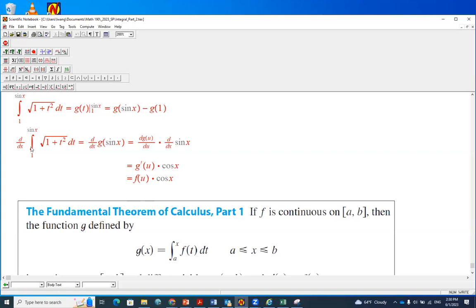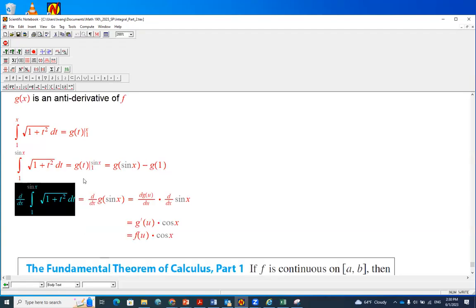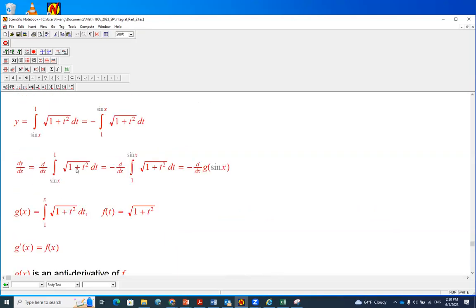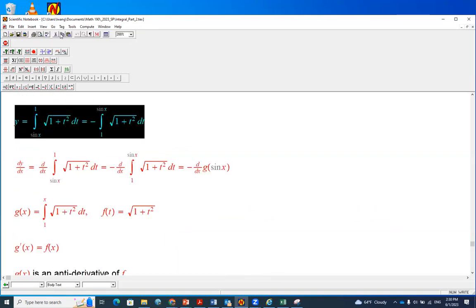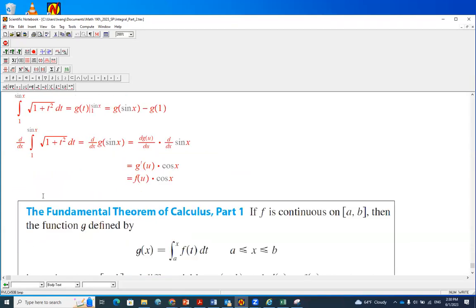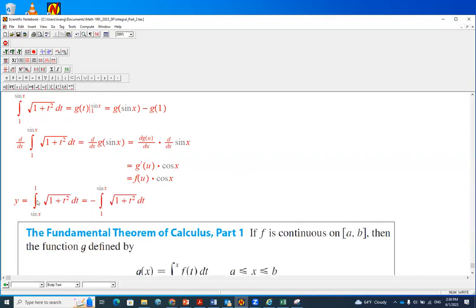By this time we're close, because this function is a sign different from the y we're looking for. So we bring this into the picture. So when we are doing dy dx, we're taking derivative of all of that.